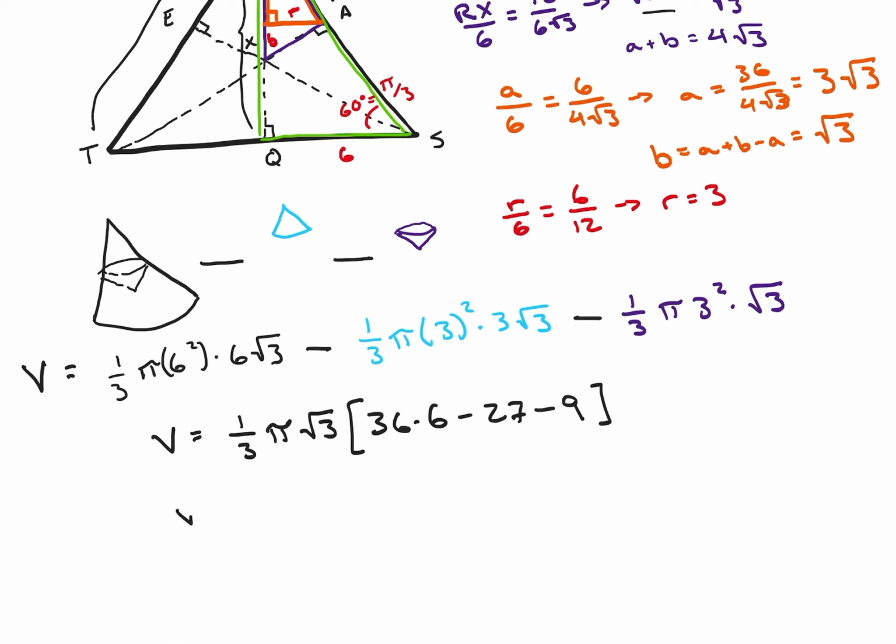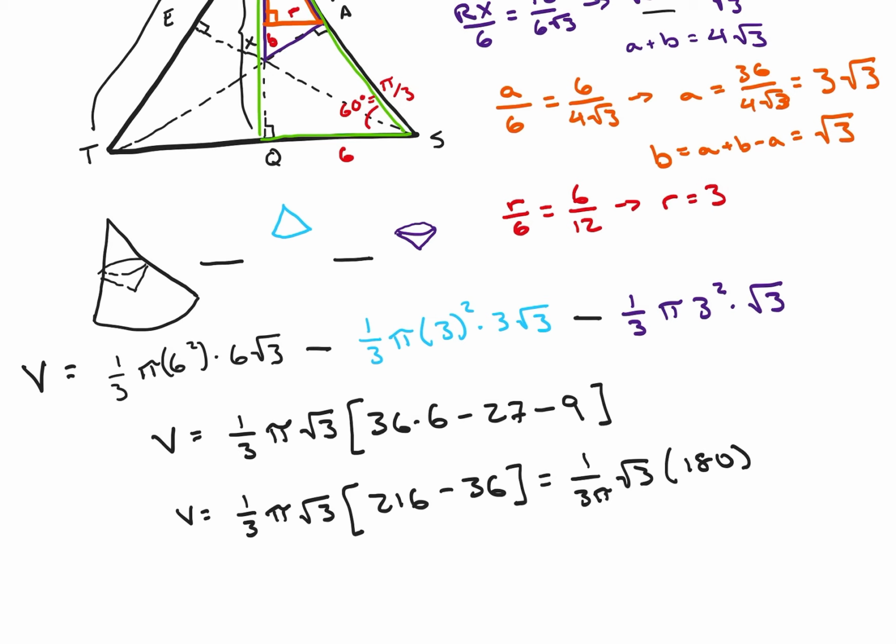So I'm going to get V is equal to 1/3 pi square root of 3 times 36 times 6 is 180 plus 36, so 216 minus 36 is going to give me 1/3 pi times root 3 times 180.